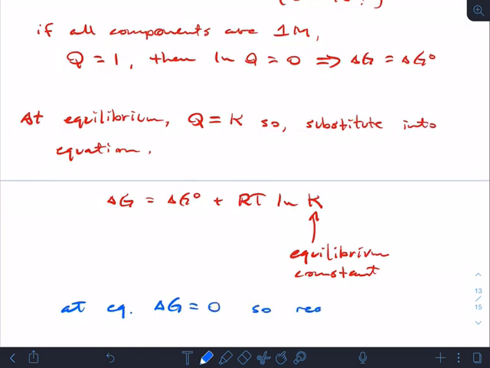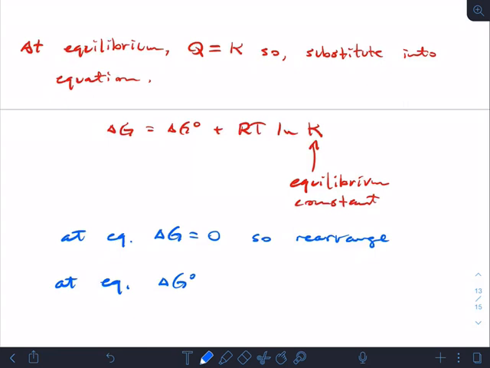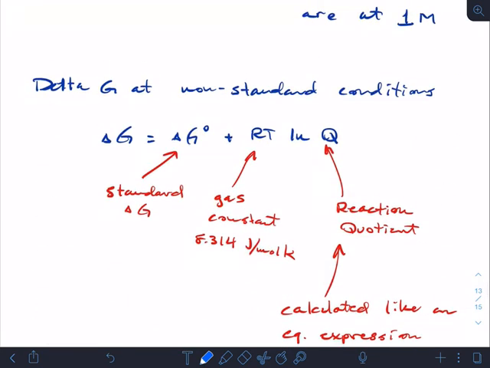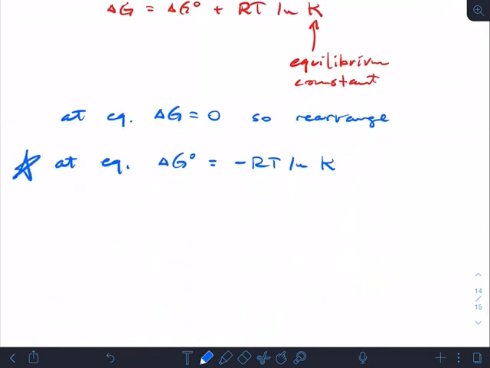And then the next thing to remember is that at equilibrium, delta G equals 0. So we're going to rearrange the equation, and what we get is at equilibrium, delta G standard equals negative RT natural log of K. Okay, so two important equations, right? This one, where we're looking at delta G at non-standard conditions, and the other important one is this one, delta G at equilibrium.